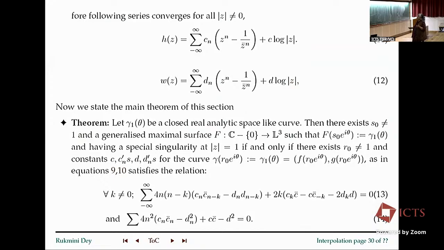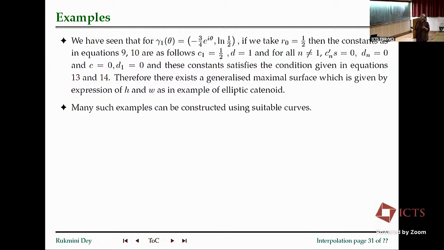Their Fourier coefficients are these, and the Fourier coefficients must be related in this complicated manner. The proof uses the singular Cauchy problem.